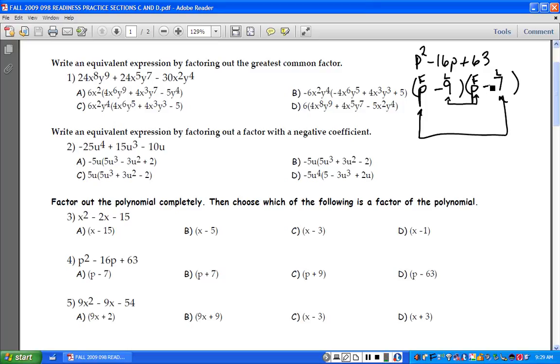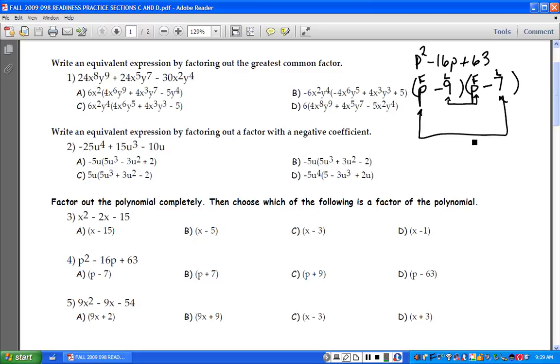Alright, so we check again. First times first gives us the first up here in our trinomial. Last, negative 9, times last, negative 7, gives us, look, a negative times a negative is a positive, so we still get positive 63. So that works. We're good there. Now back to our outside inside.